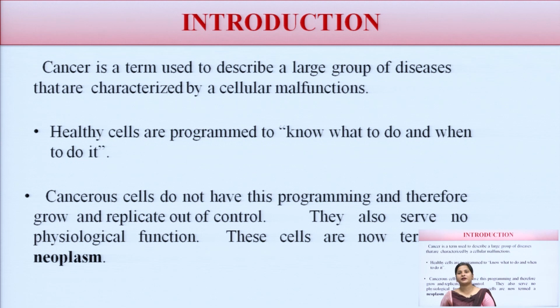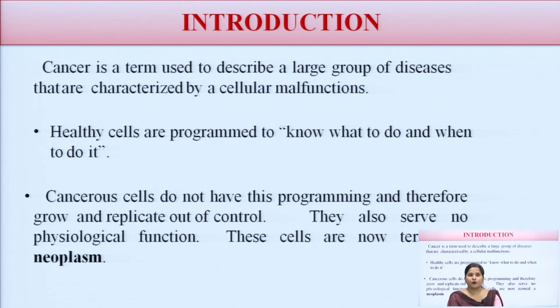What is the role of mitochondria? Its role is to create energy. But due to some problems inside the body, the cell organelles or the cells can't recognize their functions, and they alter their functions. When they alter their functions, they damage the body. So cancer is a disease mainly characterized by cellular malfunctions.